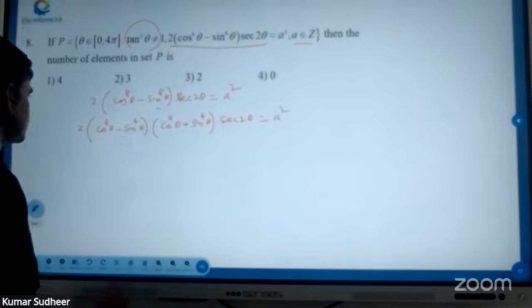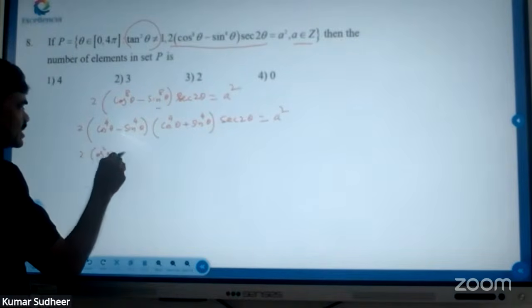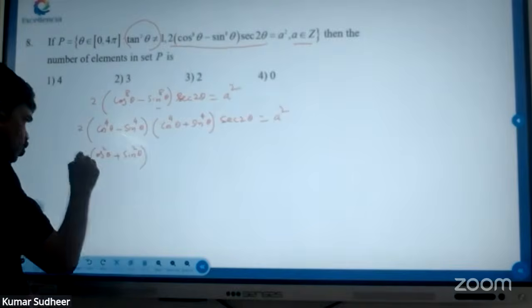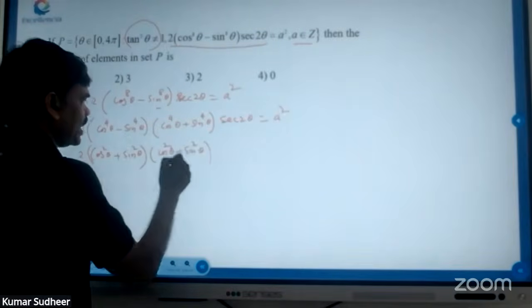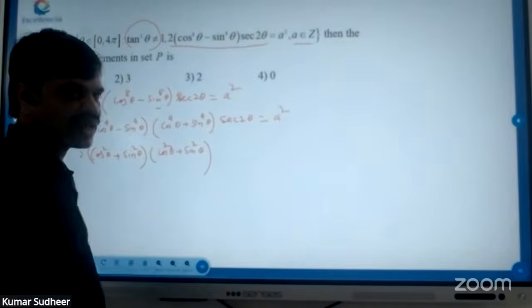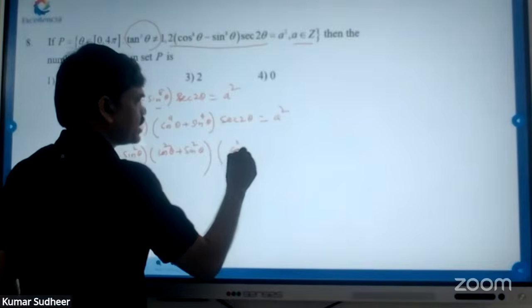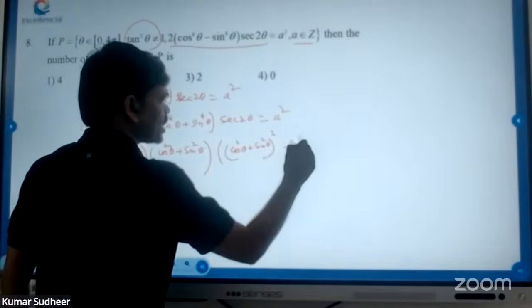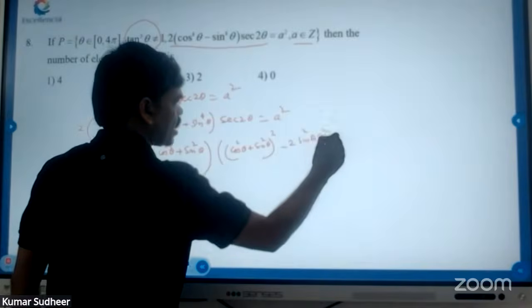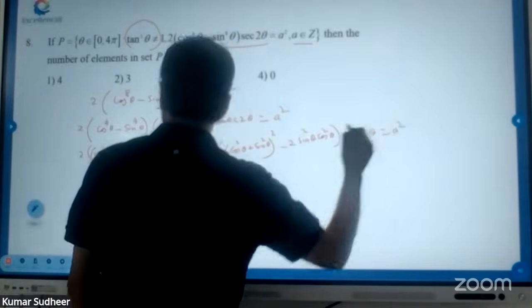Again we have a squared minus b squared, so it is cos squared theta plus sin squared theta, into cos squared theta minus sin squared theta. And cos power 4 plus sin power 4 is of the form a squared plus b squared, which I can write as a plus b whole squared minus 2ab. So we have cos squared theta plus sin squared theta whole squared minus 2 sin squared theta cos squared theta, into secant 2 theta, equal to a squared.